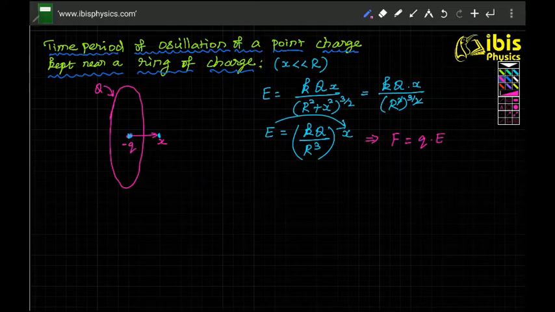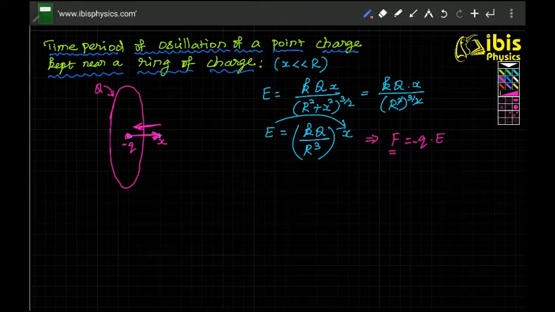When you push this negative charge slightly through this distance x, because the ring is of positive charge and this charge is negative, it will experience a pull towards the center again. That pull is equal to qE, and when you push to this side the force will act in the opposite direction, so this will be minus. That naturally comes because the charge is negative.